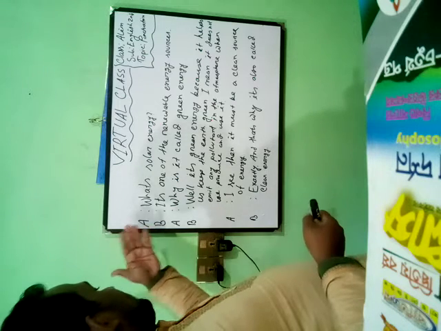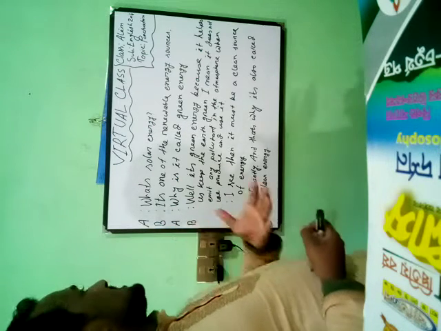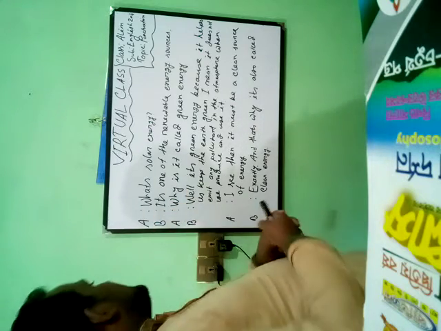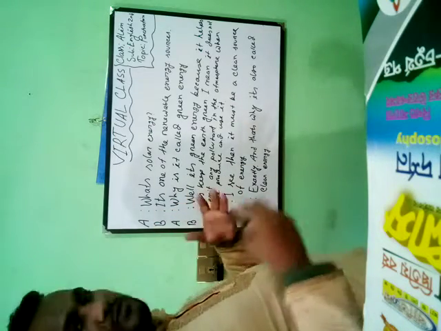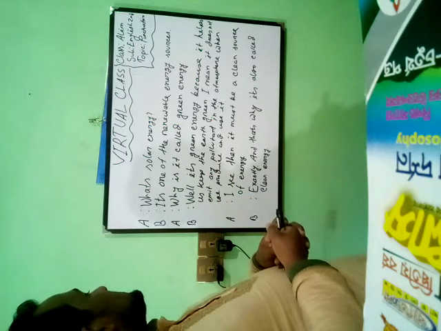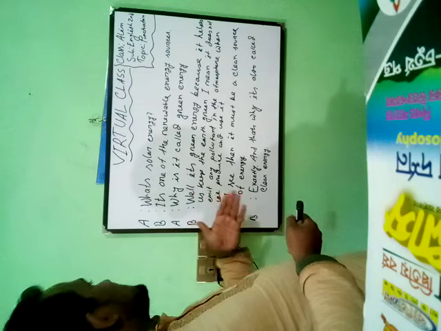You can see that I have written here a dialogue between two persons. The first person is A, the second person is B. There is a conversation, discourse, or dialogue between two persons.